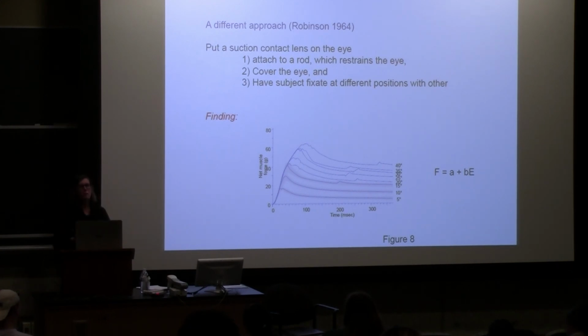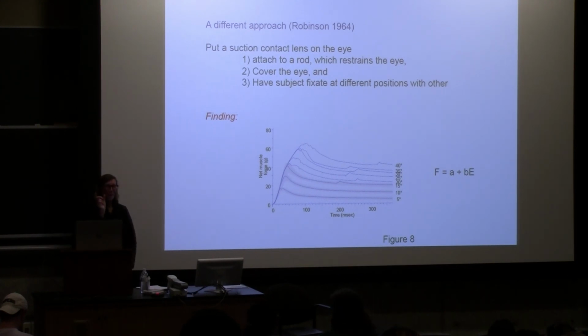We're not going to worry about vergence eye movements. We're assuming all eye movements are conjugate, right? Both eyes are trying to move the same amount. But what he's doing with this rod connected to the contact lens is holding it fixed. So he can measure the torque that's generated as the student tries to move their eye back and forth, because this eye is getting a command to move, but this eye has been blocked by Dave Robinson.